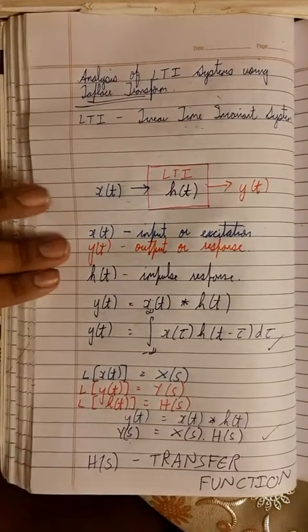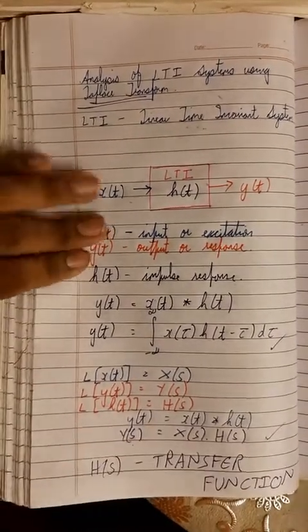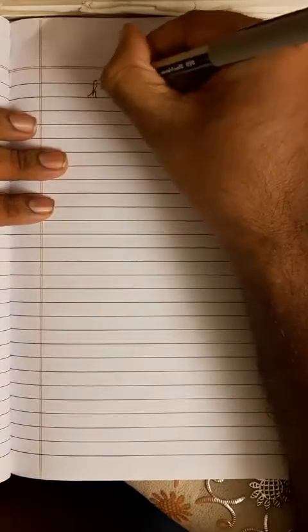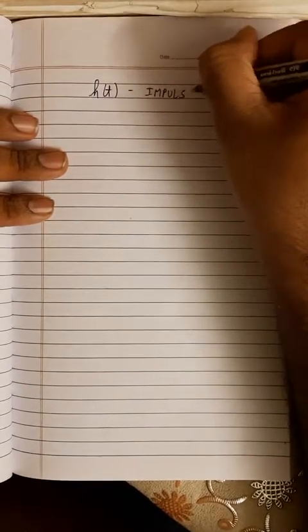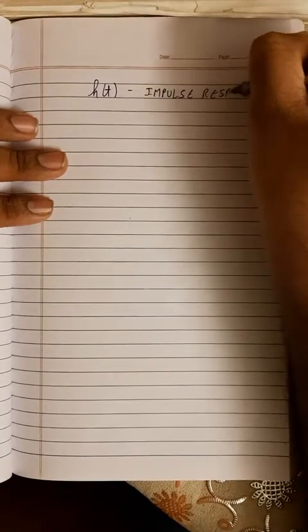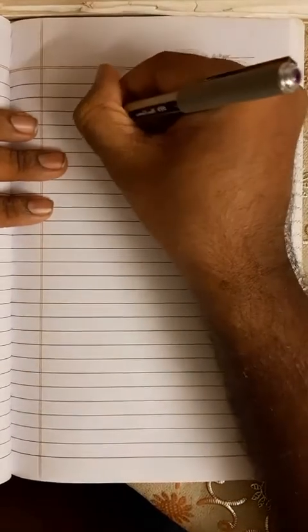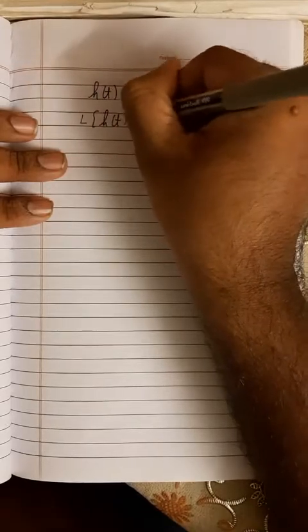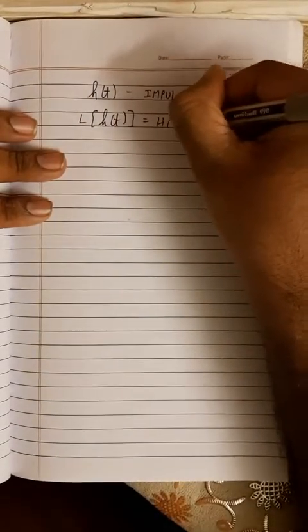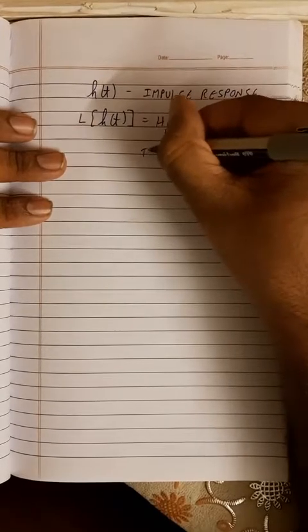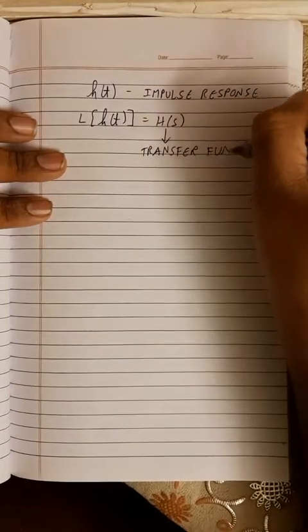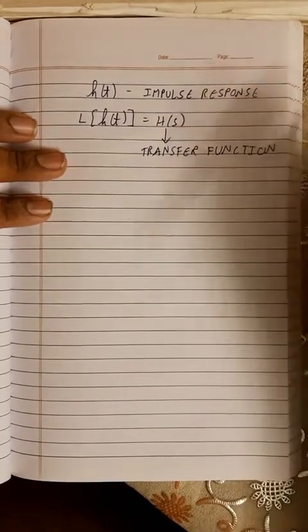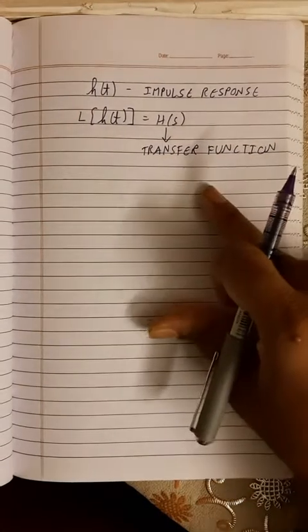In other words, if h of t is the impulse response, then the Laplace of h of t, which is h of s, is called your transfer function, because we know what a transfer function is.